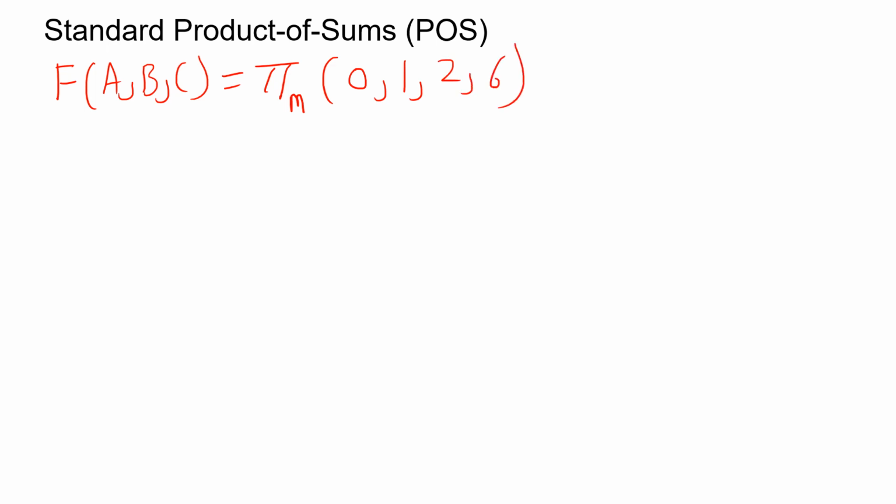Again I am telling you, whenever we talk about product of sums or product of max term, it means we are talking about the places where the values are 0, right? Whenever we say sum of product, or you can say sum of min terms, then these numbers are representing the places where values are 1, right?